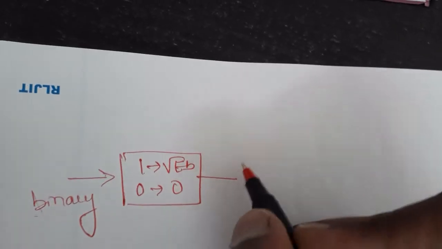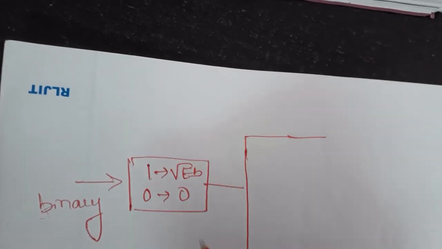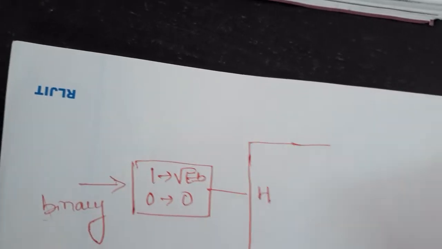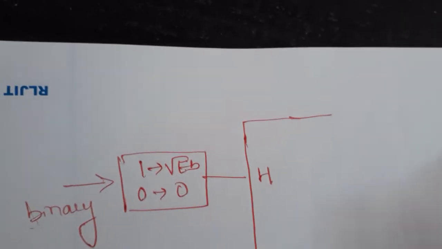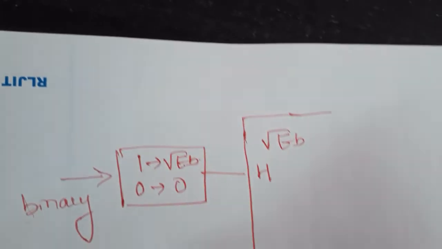Now you just see the next part, how I am going to write the block diagram. Input is binary. So 1 indicates root EB, 0 indicates 0. Now I will take it into two parts. When input is high, it is root EB.